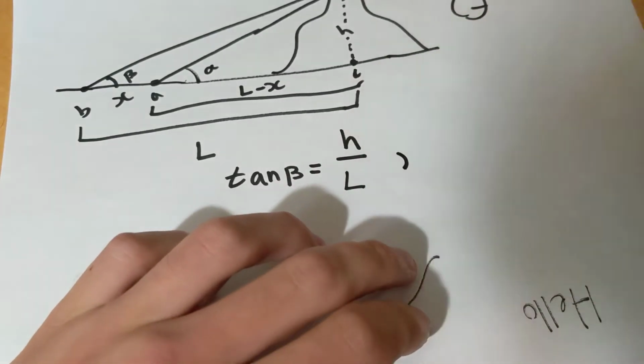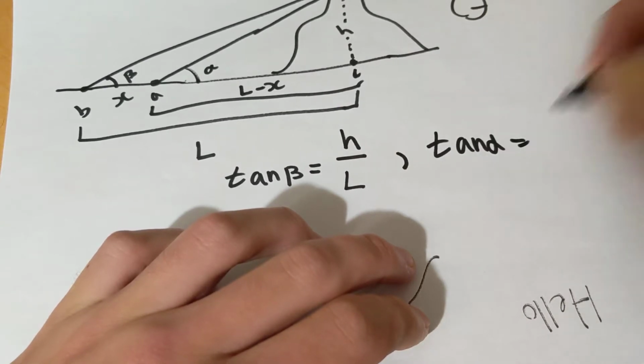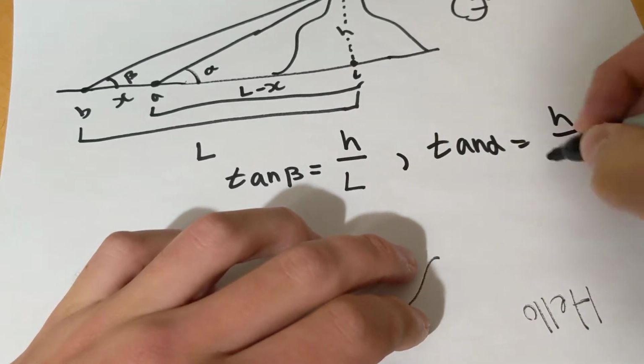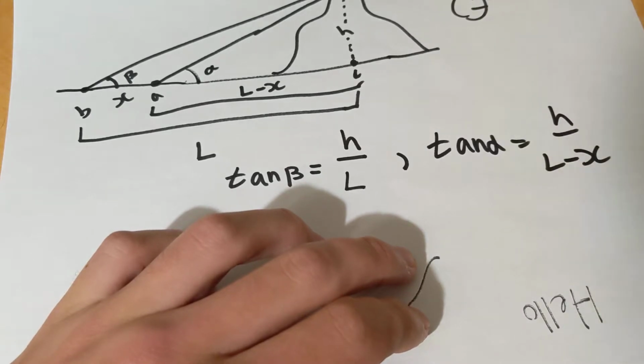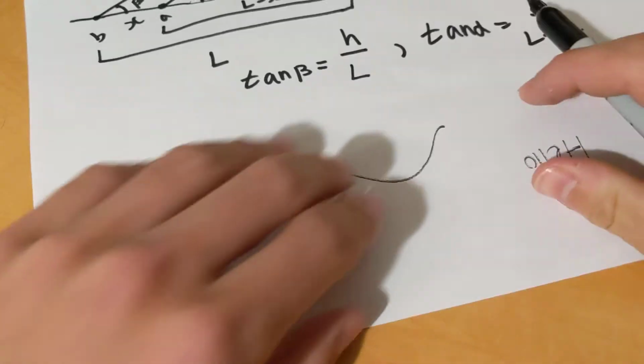Now, we also know for the other angle, tan of alpha is just equal to H over L minus X, because H is opposite, L minus X is adjacent.